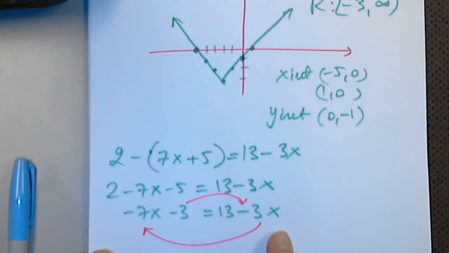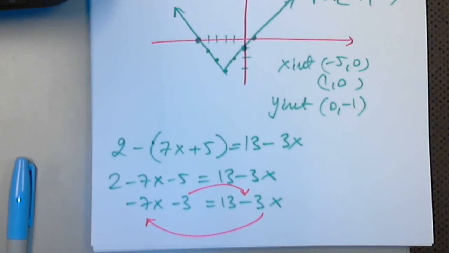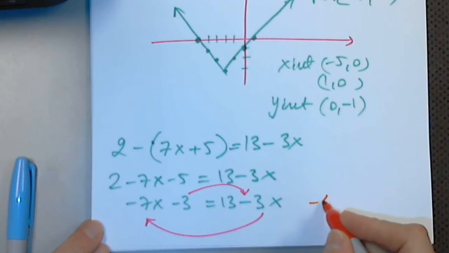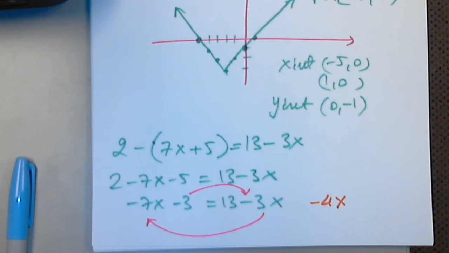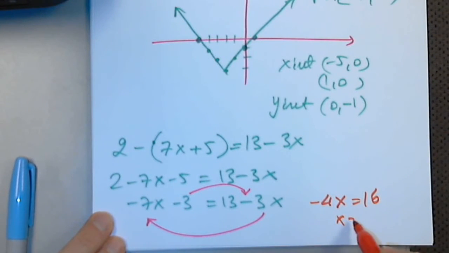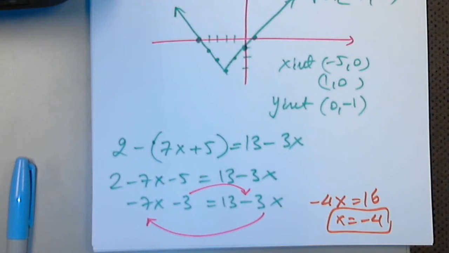So when I move negative 3x to the other side, it becomes positive. So negative 7x plus 3x is negative 4x. When I move negative 3 to the other side, it becomes positive. So 13 plus 3 is 16. So that's how we get negative 4 as the final answer. Very good. Is that better?